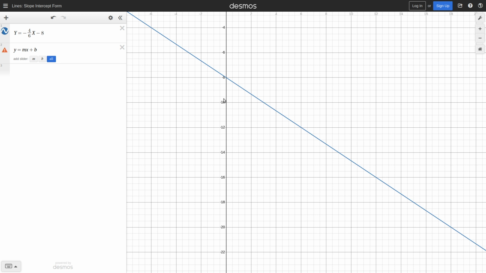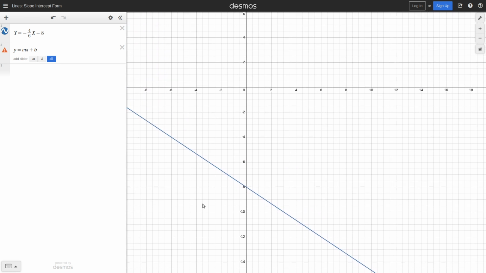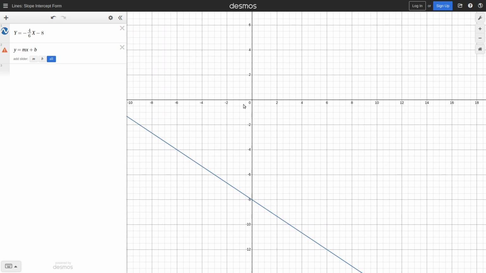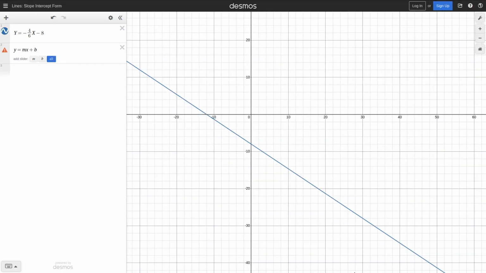We would go to 10, then 12, and then it would go positive 6, and now we'd have a line out here. I would recommend graphing one going down, so we would go down 4 and over 6, and one going up 4 and over negative 6. It's recommended because you will notice if you make a mistake.